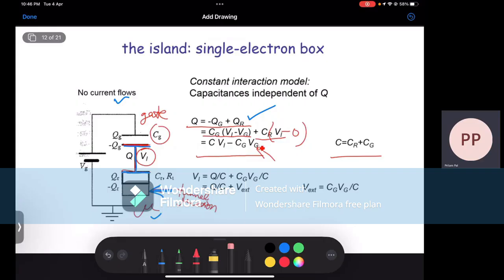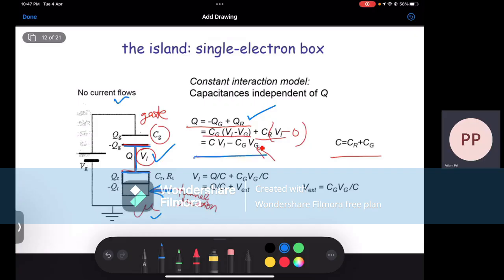So this potential, if we introduce Vi, which is the potential on the island, this one, then the charge on the gate is equivalent to the potential difference between the island and the gate times the capacitance, and the charge on the reservoir is Vi times the capacitance, because it's Vi minus 0, the potential of the reservoir in this calculation. And regrouping this just gives us this. This is the ultimate expression.